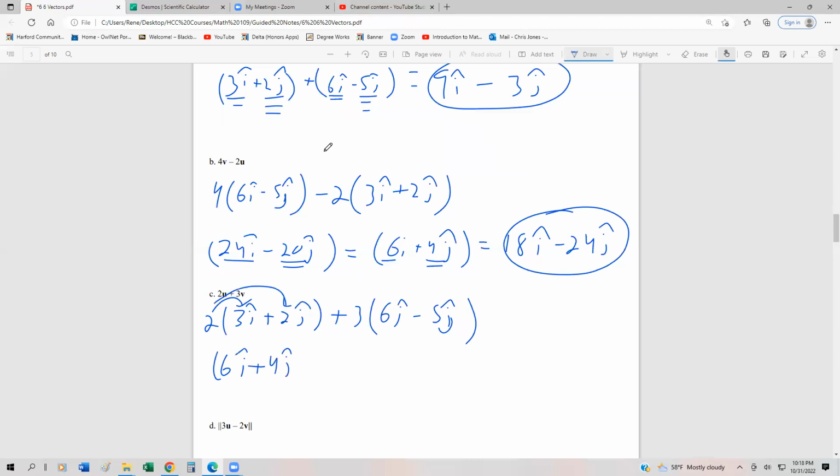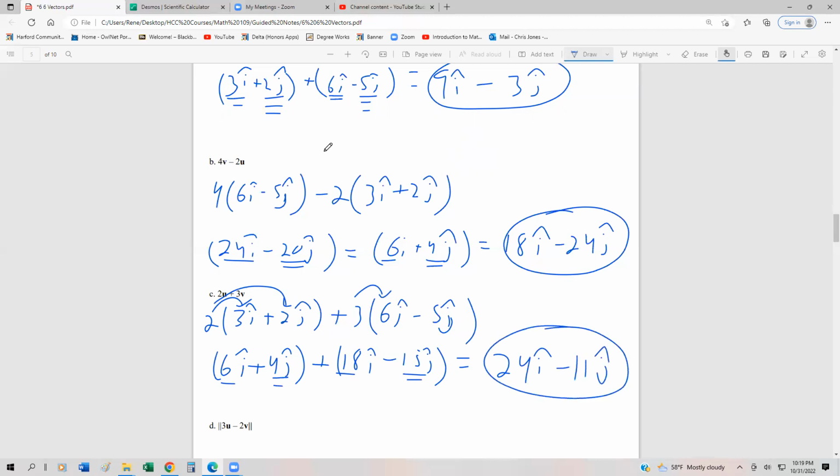Okay, so we get 6i plus 4j, 3 times 6, 18i, 3 times negative 5, negative 15j. All right, and so when we combine 6 and 18, 24i, 4 minus 15, negative 11j. All right, so that's how easy it is.